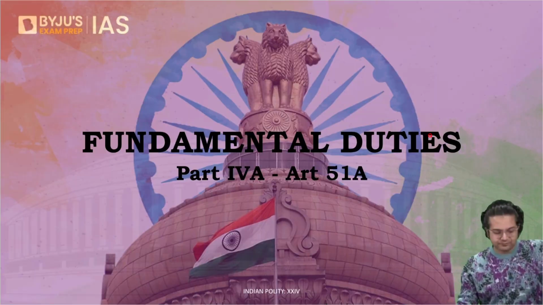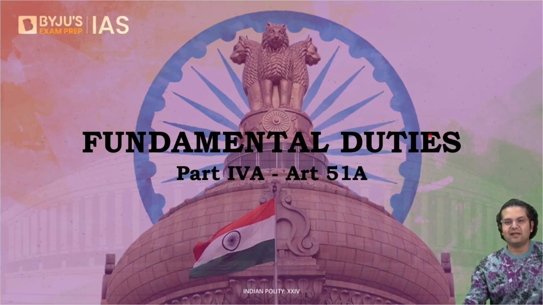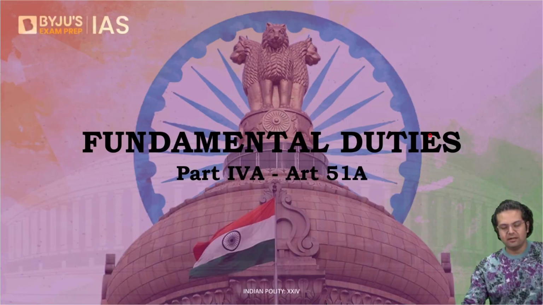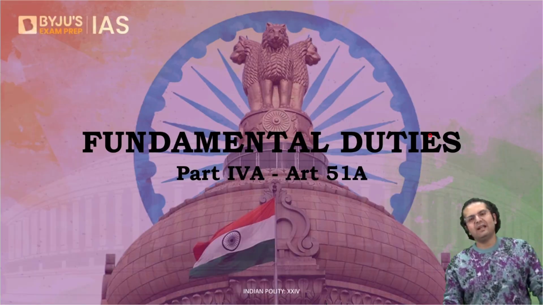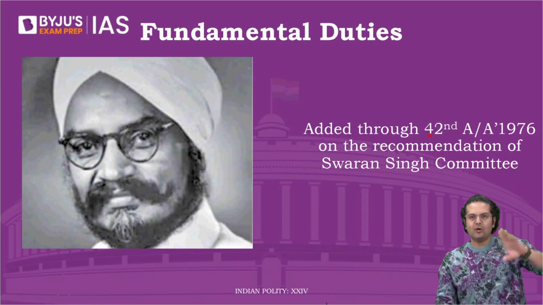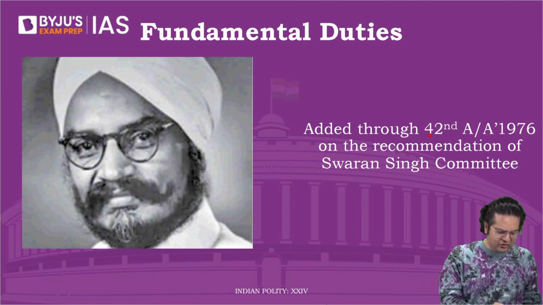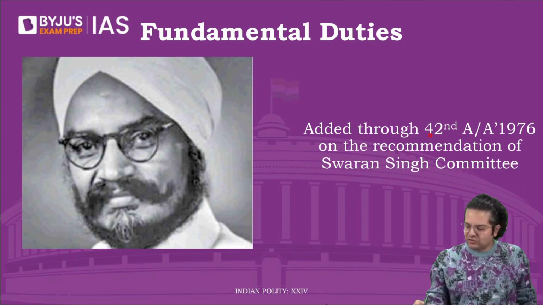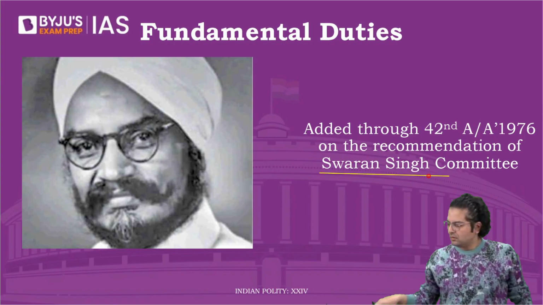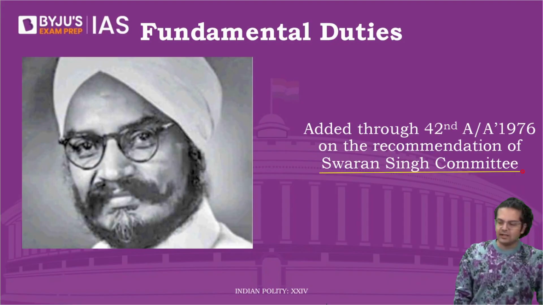So anyway, that is why in 1976, by the 42nd Amendment Act, we added in our constitution a separate Part 4A, one article only, 51A, with originally 10, now 11 clauses. Please tell me, this Sardar Swaran Singh committee also recommended one more topic which became a part of the Indian constitution.